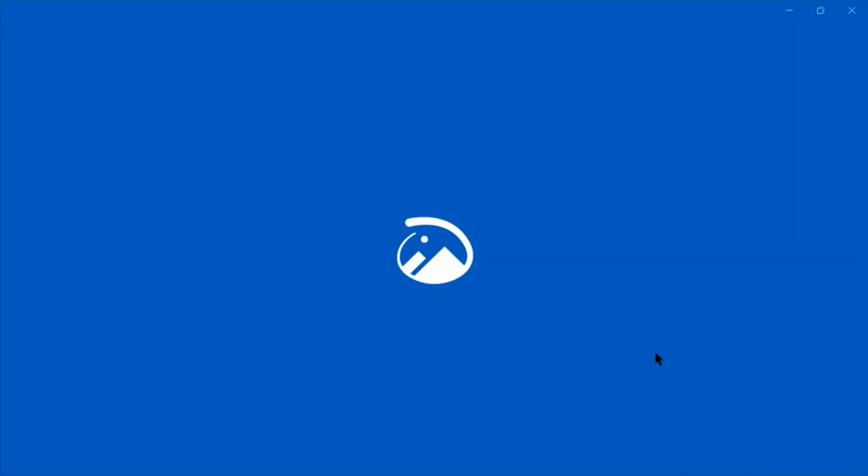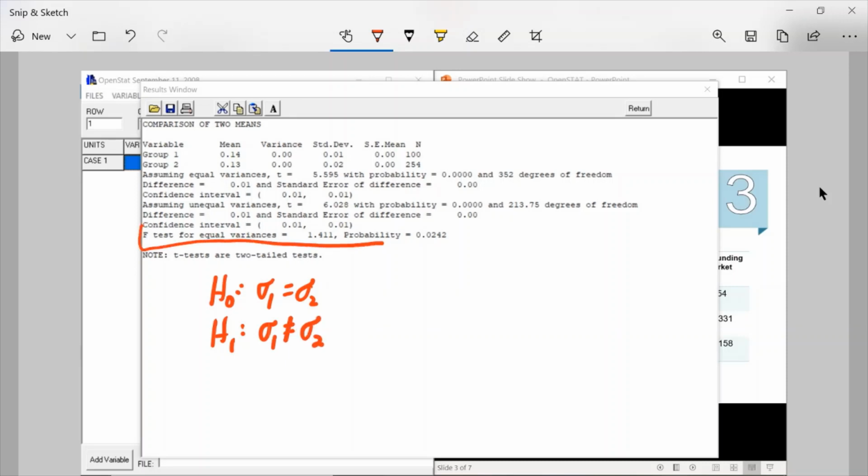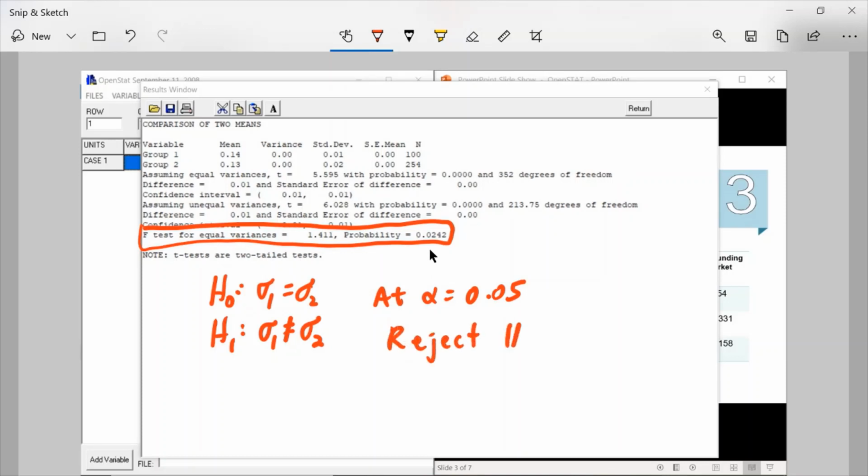And how to use the result? Test for equal variances. We use the F-test and we'll find that at alpha 0.05 we will reject the null hypothesis since the p-value is smaller than the significance level.